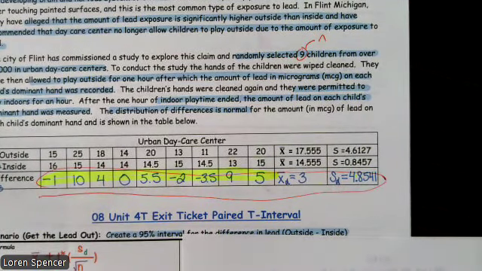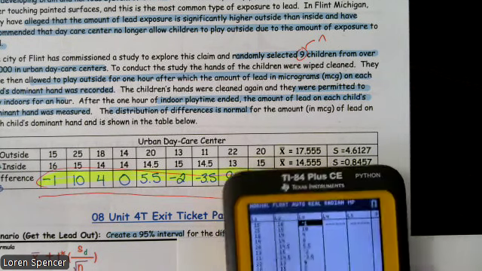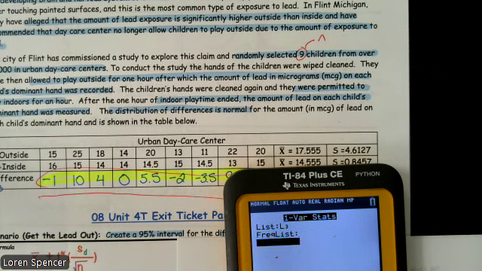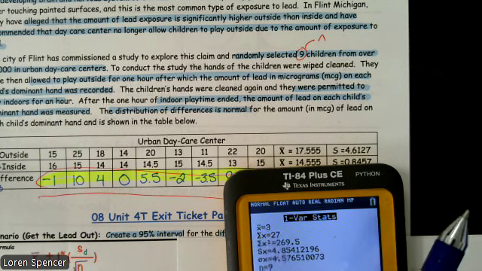If I go stat calc, one variable statistics, and I press blue button 3, I get my data list of L3, which is where my data is. And I find a sample mean of 3 and a sample standard deviation of 4.85.